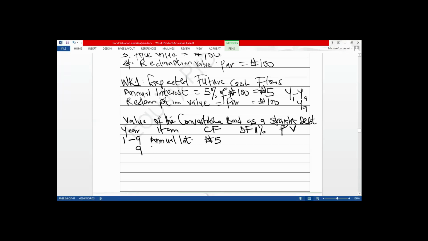We have year 9 only, redemption value. This is 100. Please, let's compute.